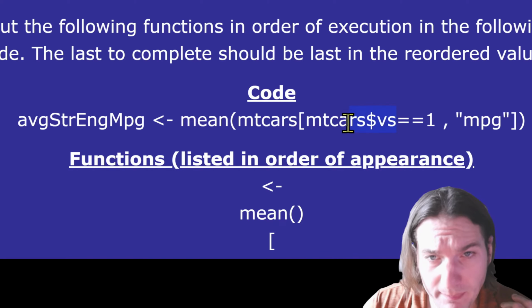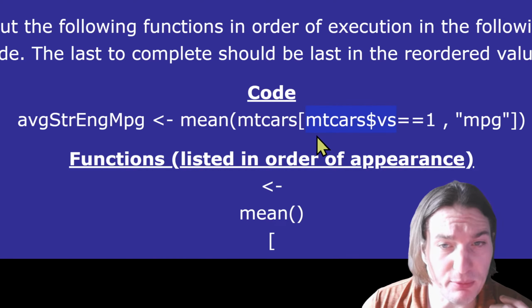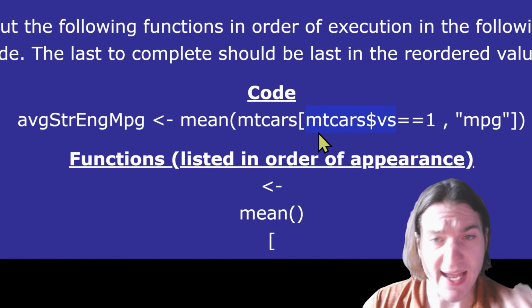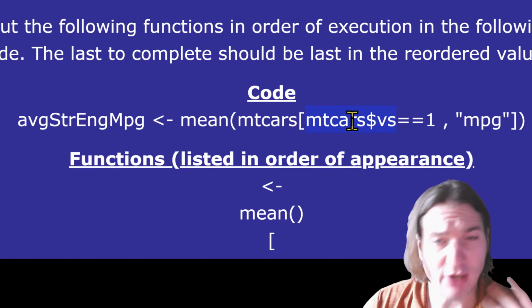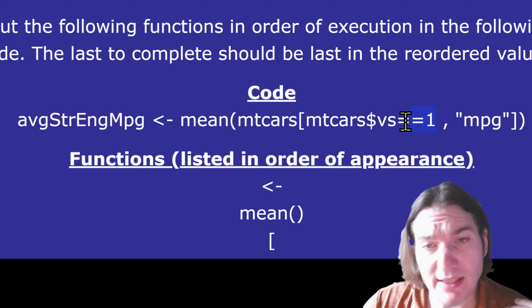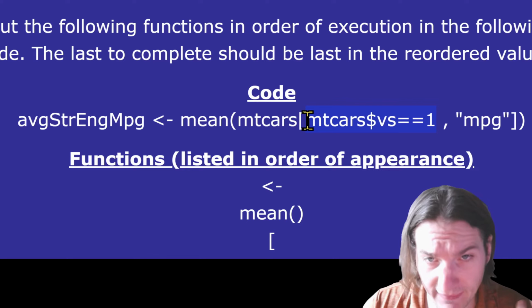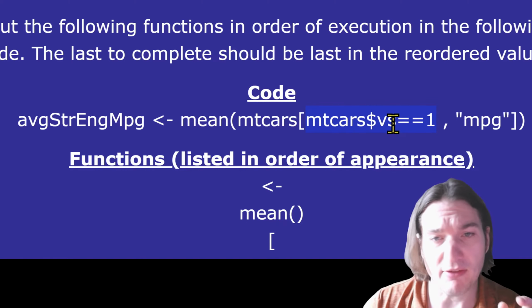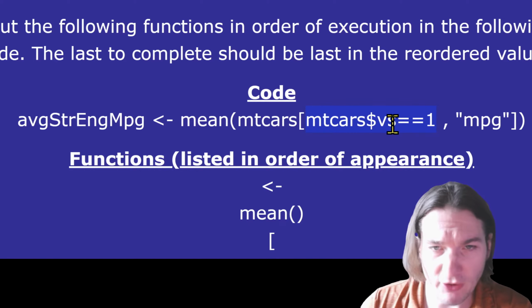So ultimately, the first thing that's going to need to run is this extraction of mtcars$vs, which is going to extract a column of data. I'm then going to have to run this comparison of that, what on the left-hand side is currently a series of values, and compare it to the number 1.